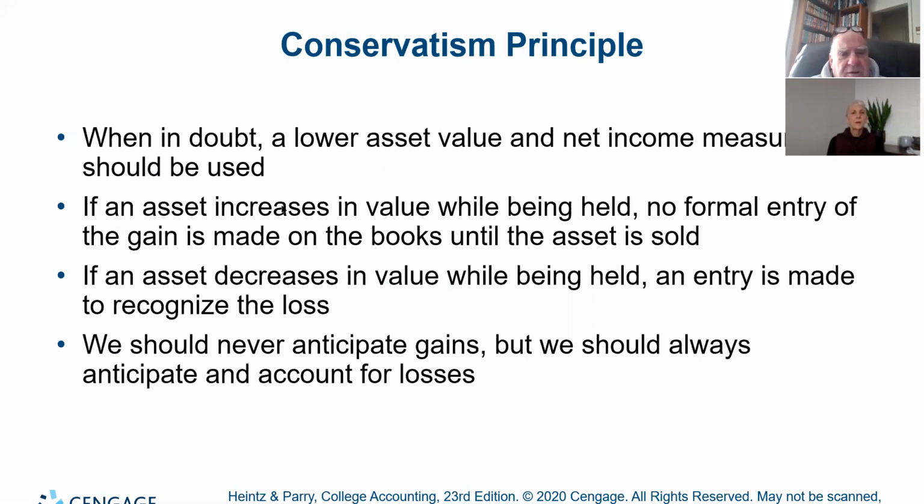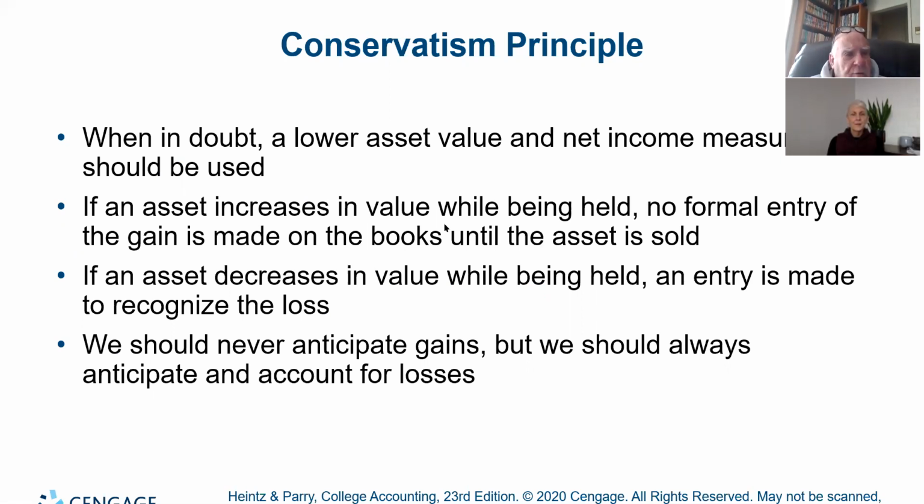If an asset increases in value while being held, like a piece of land you might have bought 50 years ago, no formal entry of the gain is made on the books until it's sold. You can never anticipate a gain from the increased market value of an asset. You can only record that gain when you sell it.